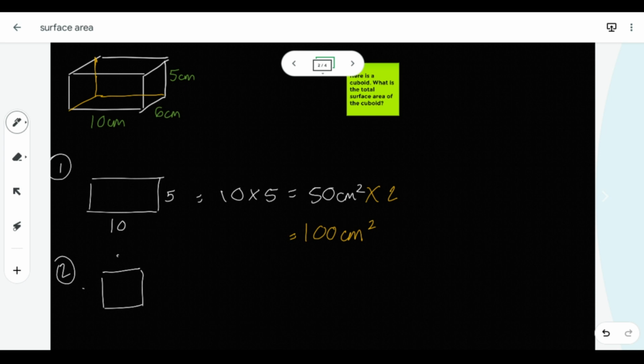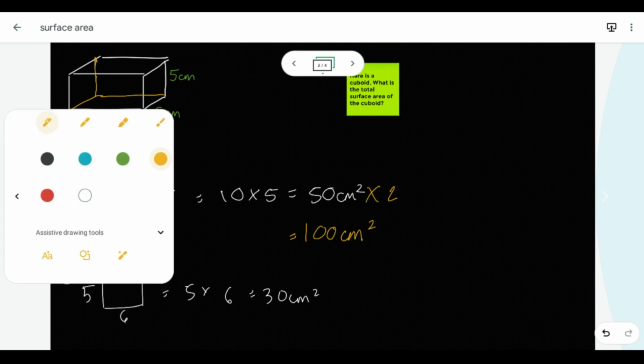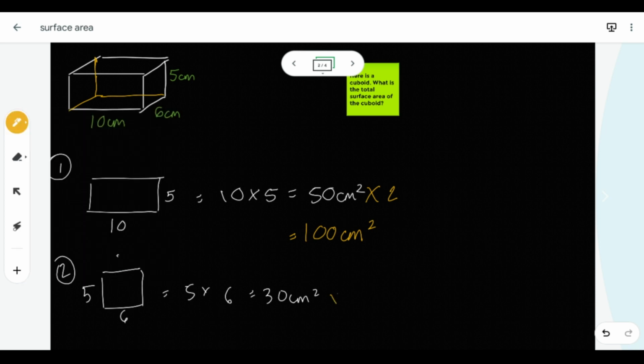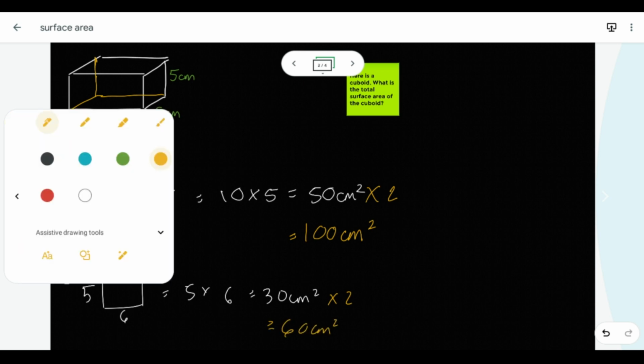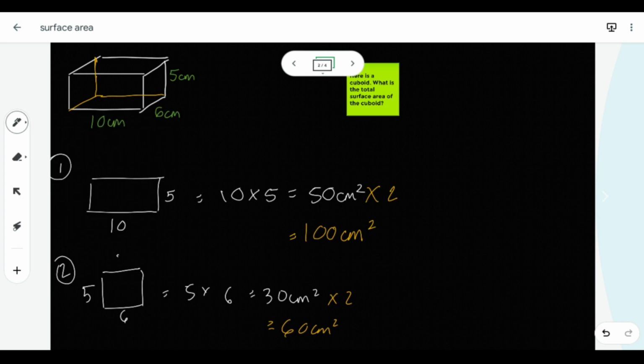And you get 5 by 6. 5 times 6 gives you 30 centimeters squared. And then, of course, you need to times that by 2 because you have 2 of those sides, which gives you 60 centimeters squared.